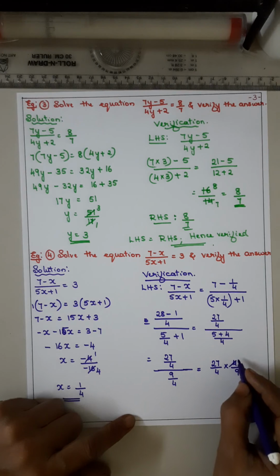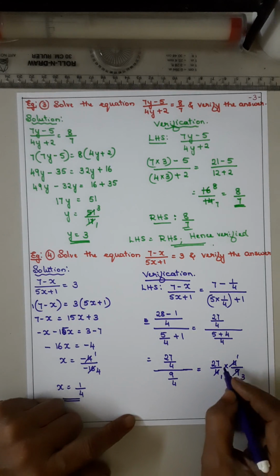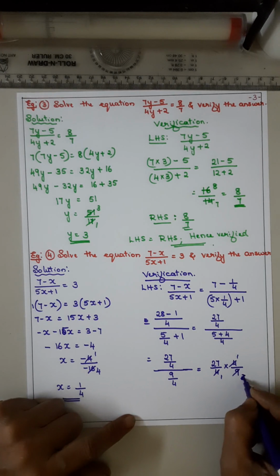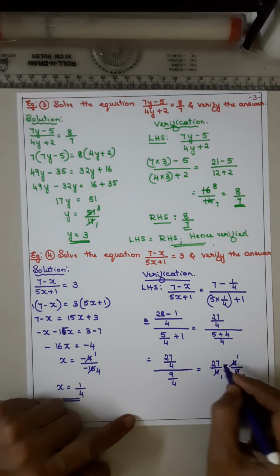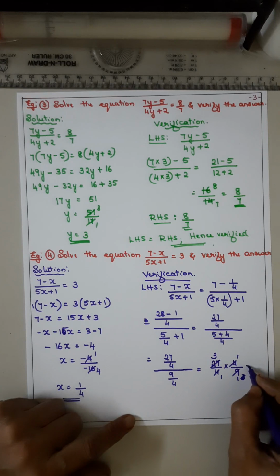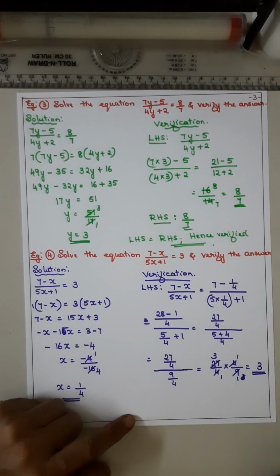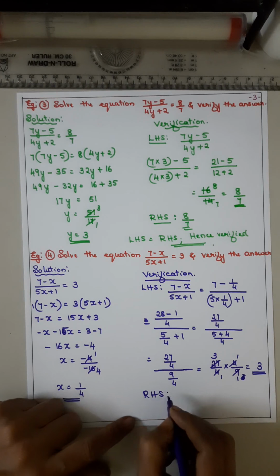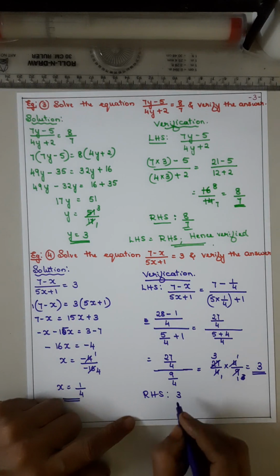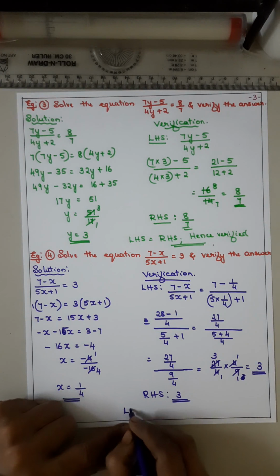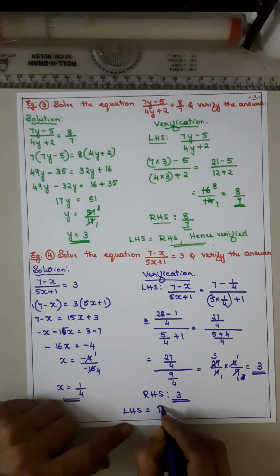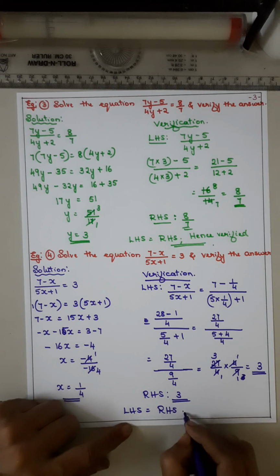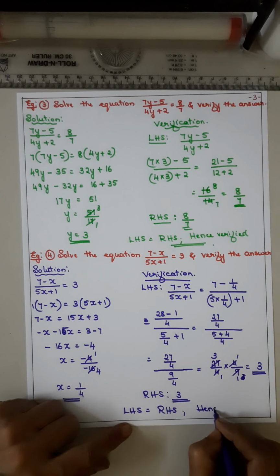Understood? 4 1s are 4, 4 1s are 4, 3 3s are 9, and in the table of 9, 9 1s are 9, 3 9s are 27. So you got answer 3. Now RHS already it is 3. That means LHS is equal to RHS, hence verified.